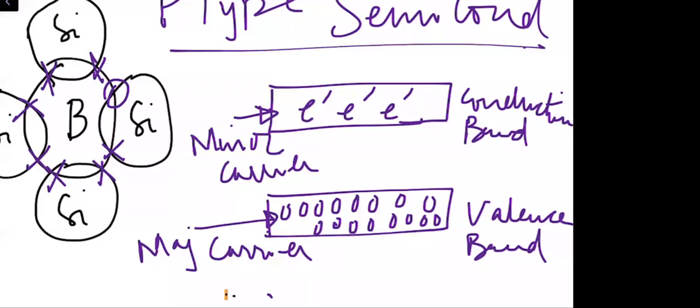Okay, so now we have the intrinsic semiconductor and the extrinsic semiconductor. Extrinsic semiconductors are of two types: one is called the P-type and the other is called the N-type. Now, if we take the intrinsic semiconductor and dope one side with trivalent impurity and the other side with pentavalent impurity, what are we going to get?